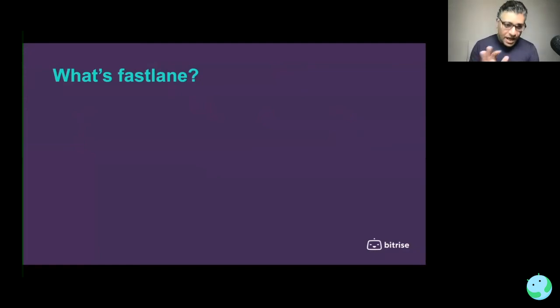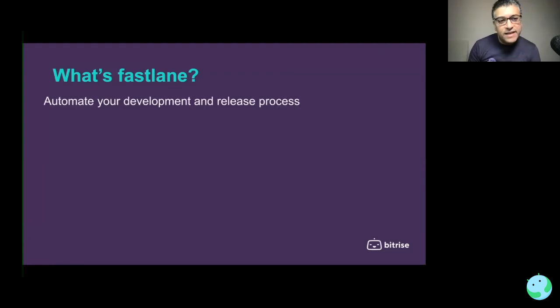I'm sure that most of you have heard about Fastlane, but just quick information: Fastlane is a tool to automate your deployment and release process. It's a Ruby file that includes different lanes, and every lane does a specific task. For example, this lane builds the application, this lane tests the application, and this one deploys a beta to the Google Play Store.